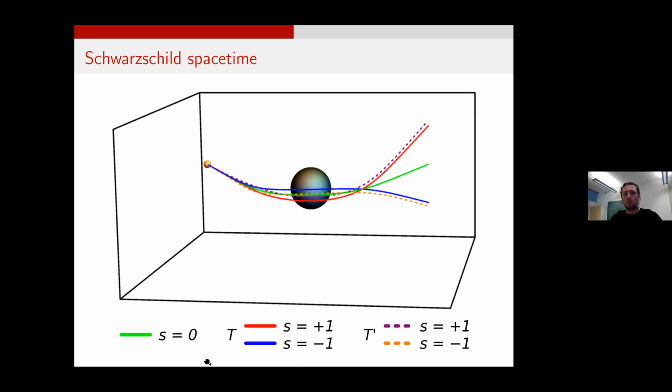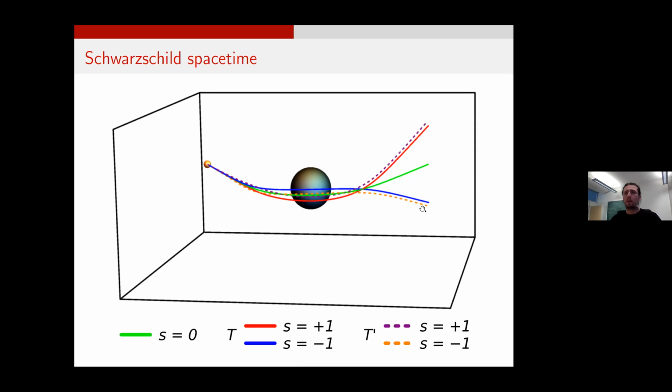With green, red, and blue, these are just the trajectories that I showed you in the introduction. Now, we can compare this with the trajectories seen by the T prime, the free-falling observer. You can see here that the dashed lines are slightly displaced when compared to the solid lines.